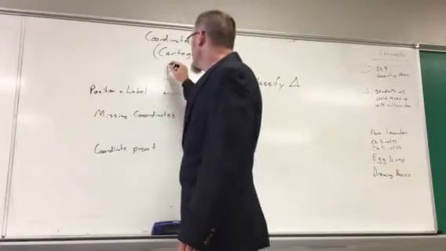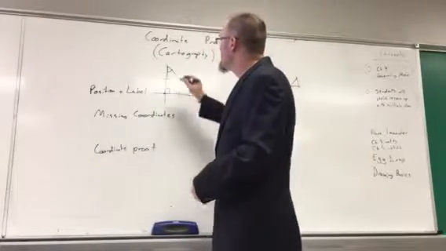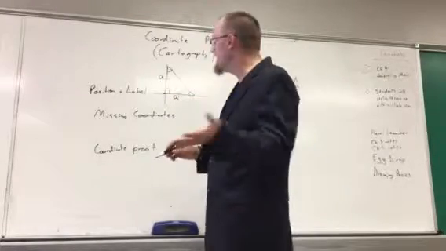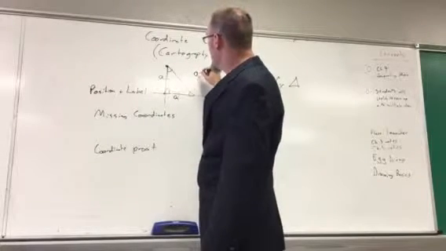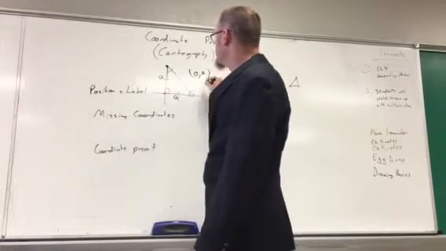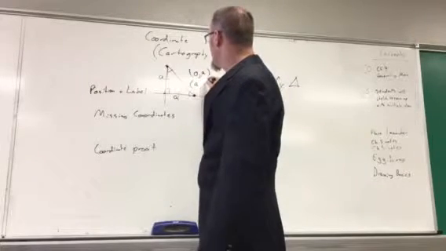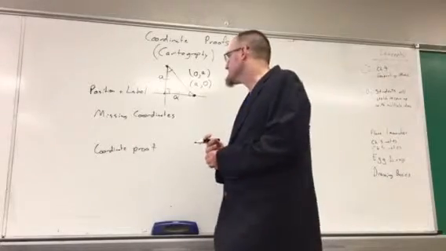So if this is on the origin of our Cartesian coordinates, it's at 0, 0, then the distance here is going to be A. The distance here is also going to be A. So this point up here is at 0, A, and this point out here at this end of the triangle is at A, 0, since we know those distances are the same.